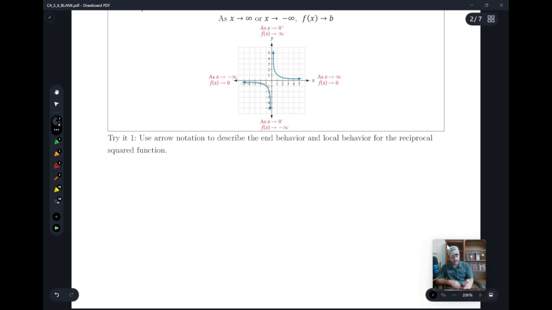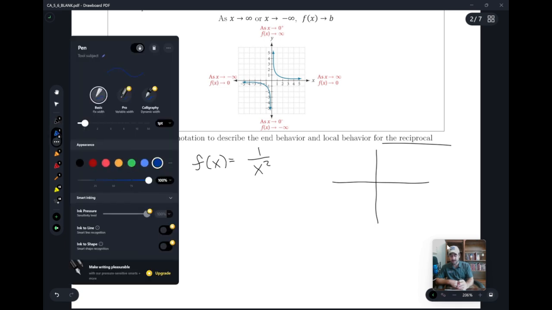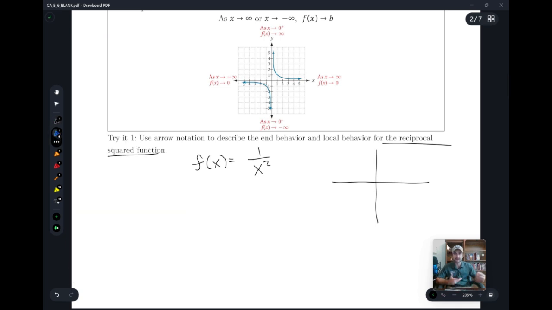It says find the end behavior and local behavior for the reciprocal squared function. Reciprocal meaning flip, like a rational, and squared meaning squared. So that's f of x equals 1 over x squared. And if you remember back to when we memorized toolkit functions way back on the first day of class, this first day of functions, it looked kind of like a volcano.